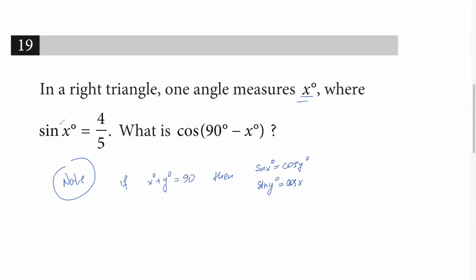As you see, one angle is x and another one is 90 minus x, which sum to 90 degrees. It means sine of x, 4/5, is equal to cosine of 90 minus x degrees. So the answer will be 4/5.